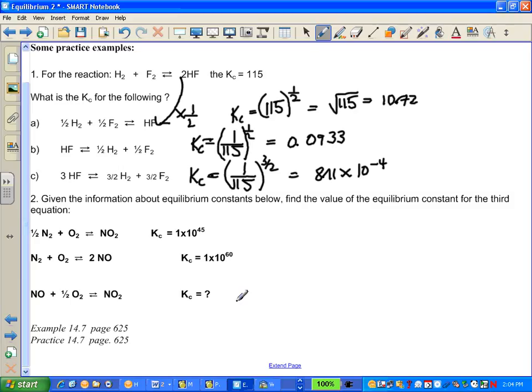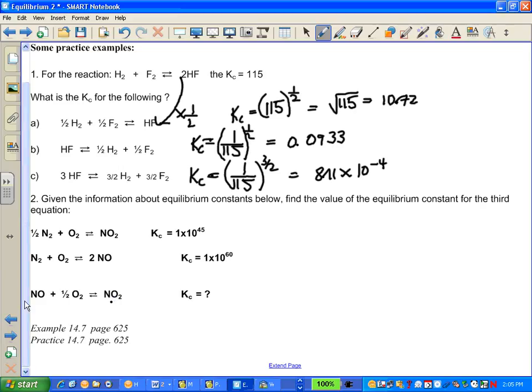Our goal reaction is to have NO plus half O2 in equilibrium with NO2. So what we do is go through this reaction, one molecule at a time, and look at which reaction is going to help us to achieve this goal equilibrium.